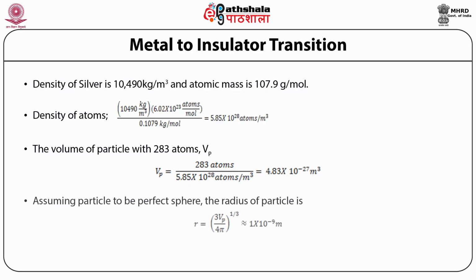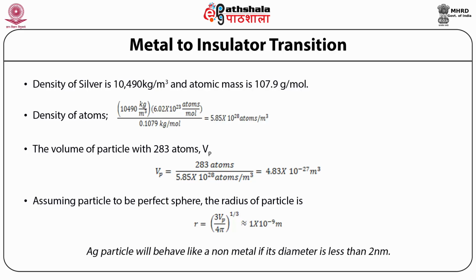Now if we assume the particle to be a perfect sphere, the radius of the particle is r equal to (3Vp by 4 pi) to the power 1 by 3, approximately equal to 10 to the power minus 9 meters. So the silver particle will behave like a non-metal if its diameter is less than 2 nanometer.